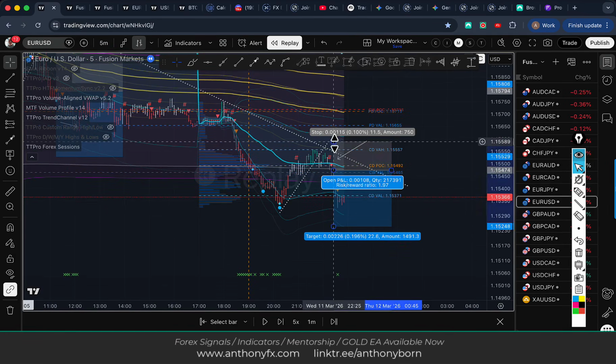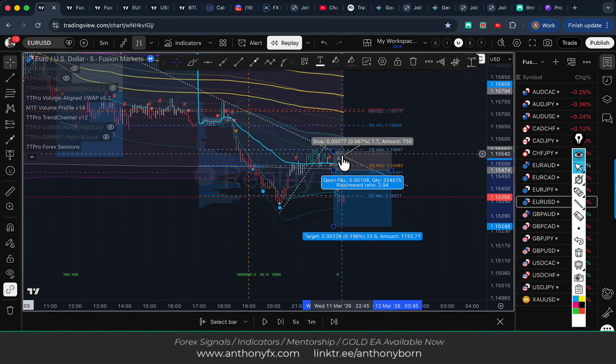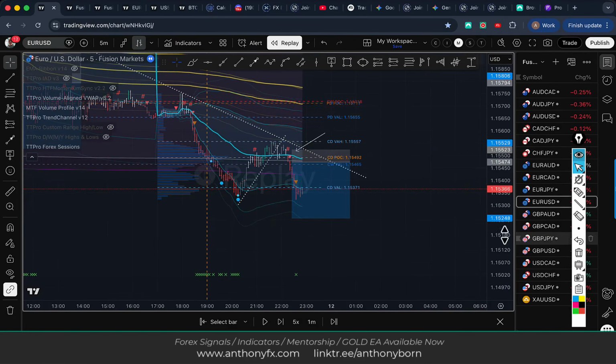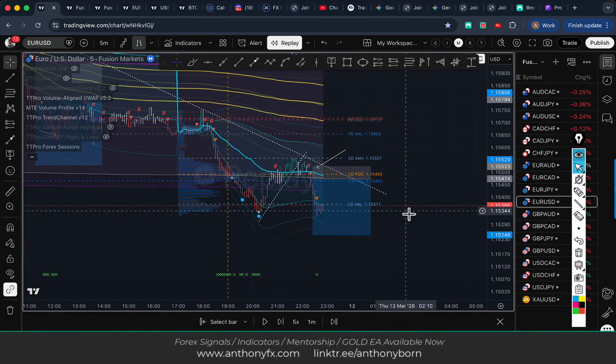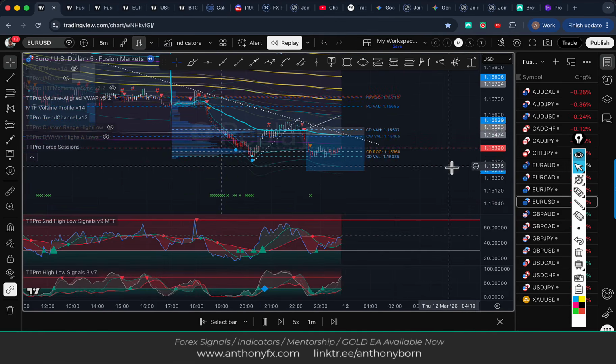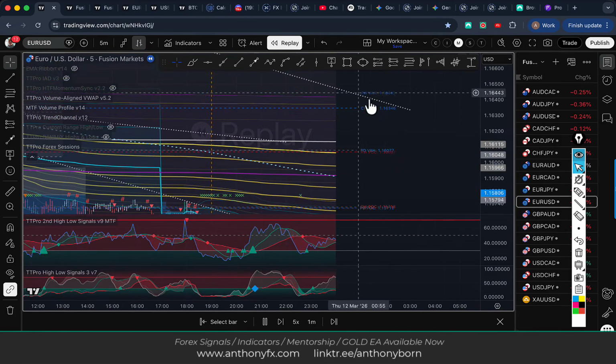So now you can pull your stop loss down to just follow that trend line and follow VWAP like that. And if that gets taken out, it doesn't matter because we've already made money and that would be a profitable trade. So we'll just play it and see what happens, because I'm expecting this to pull back at some stage. See, this at the moment is equal lows, and it's quite far away from here.